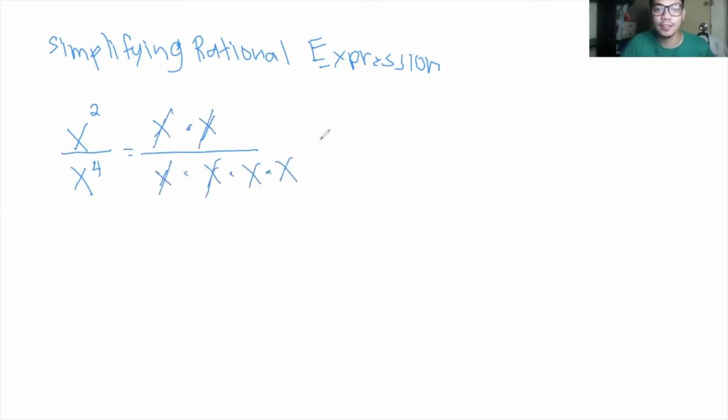That's why we get 1 over x squared, or by simply subtracting the exponents. That is how we simplify exponents of the same variable. The same process will also go with rational expressions, like if we have 2x over 6.